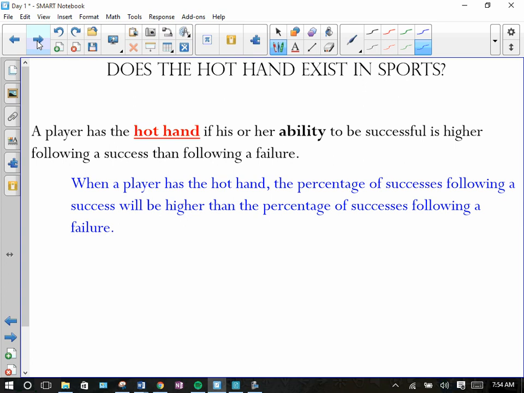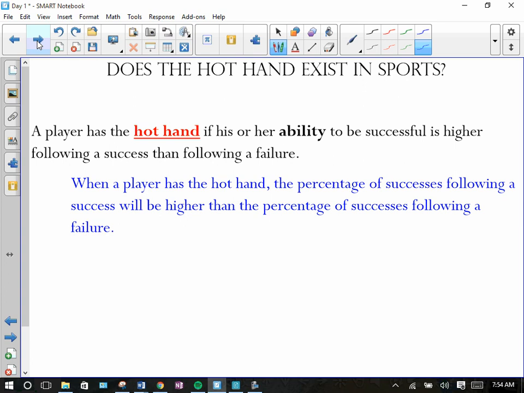What that means is if I'm shooting free throws and I'm making free throws, if I have the hot hand, that means since I've made the free throw, I have a higher chance of making this next free throw. And if I make that free throw, I have an even higher chance at making the next free throw.